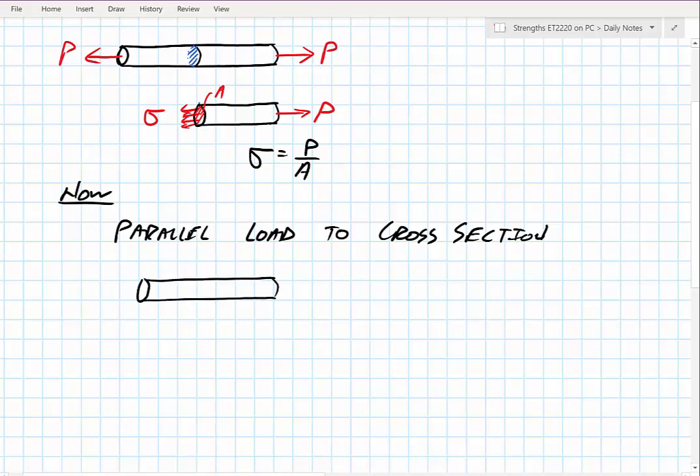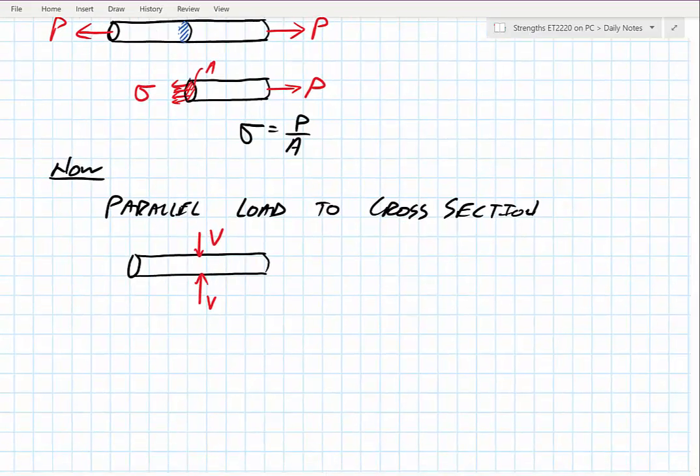The only difference is this time I'm going to have a shearing force, which we designate with a V. And you can think about these being separated by some microscopic distance apart from each other, almost like a pair of scissors or something. So if I were to, once again, just look at one half or the other, I'll look at the right hand side since that's what I looked at last time. It's the same idea. Here I would only have one of those shearing forces. The other shear force would go with the other side.